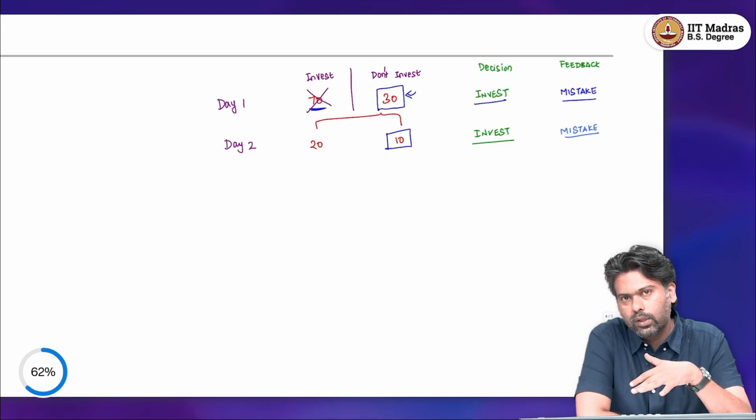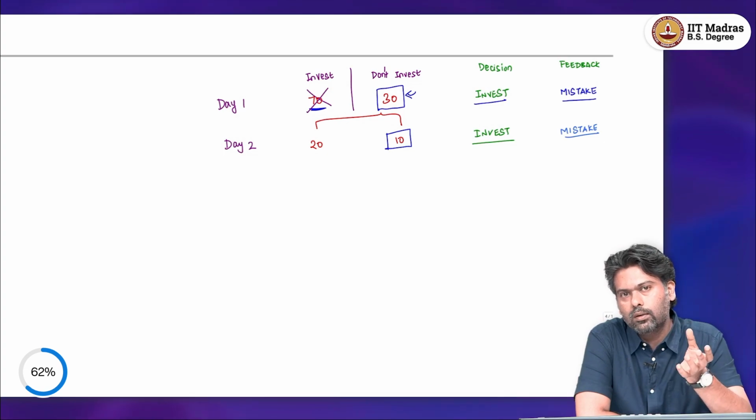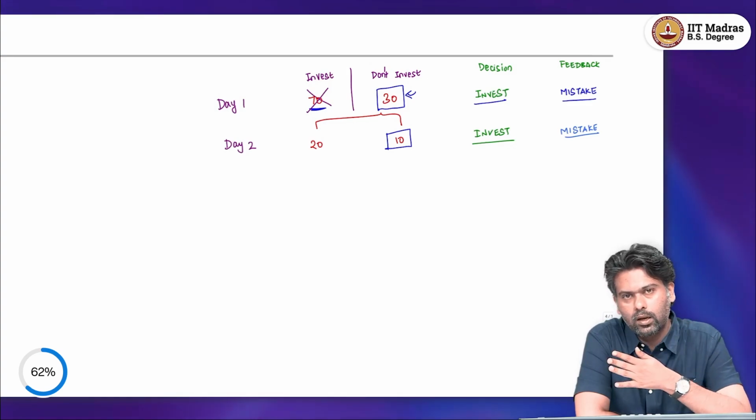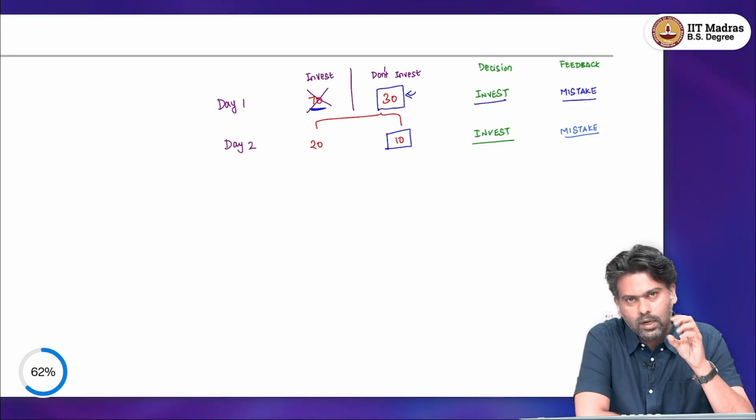Now, I can keep doing this. And at some point, either I have a set of people who are always predicting correctly, or that set will become smaller and smaller and will become a single person.